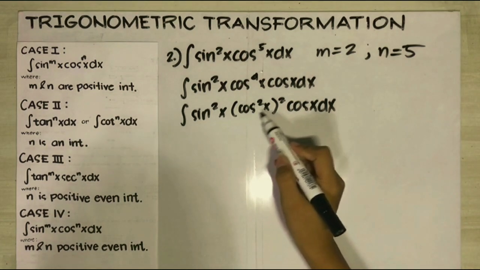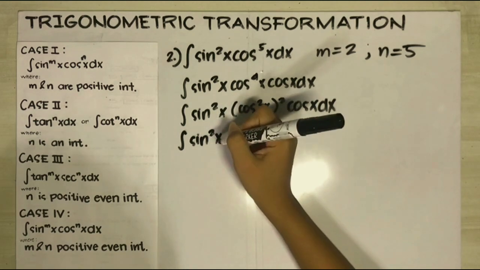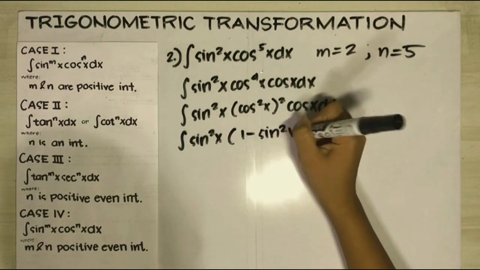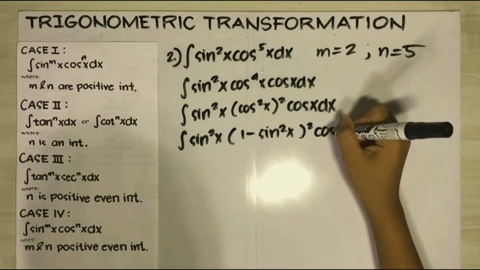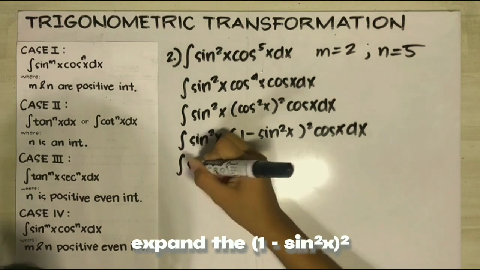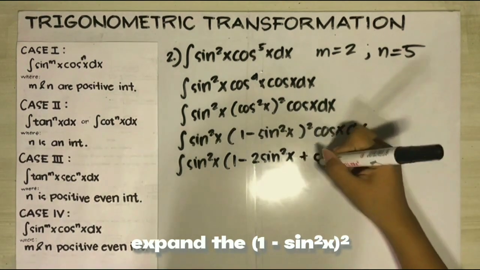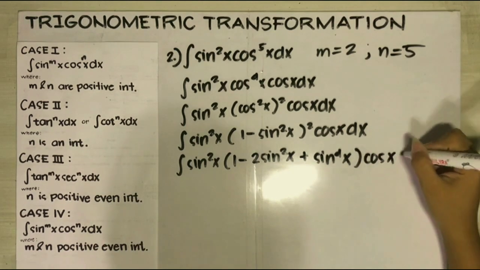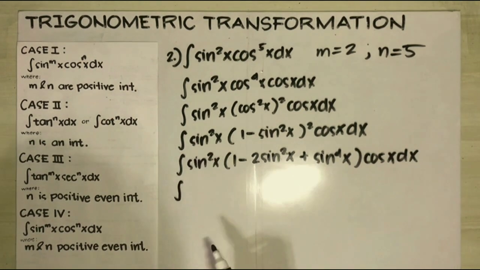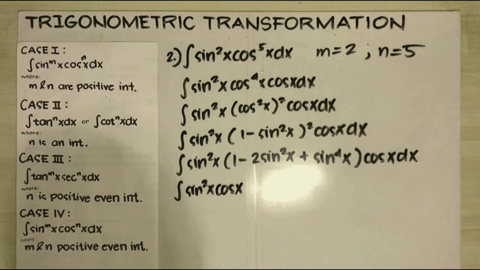So let's expand this factor, 1 minus sine square x squared. And then, let's multiply all the terms with each other and put integral in each term.